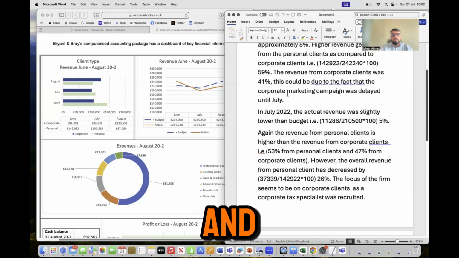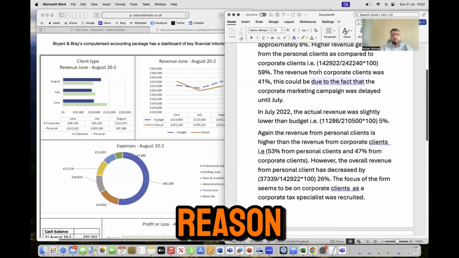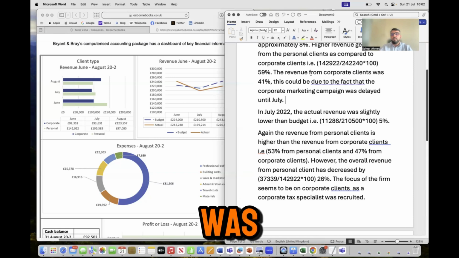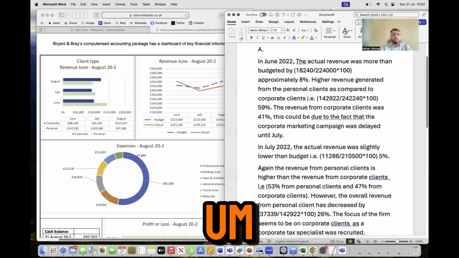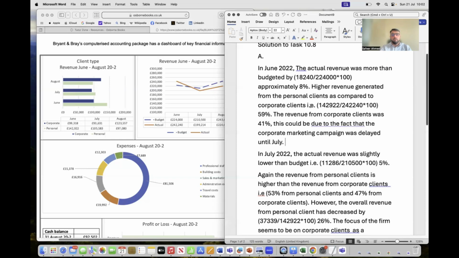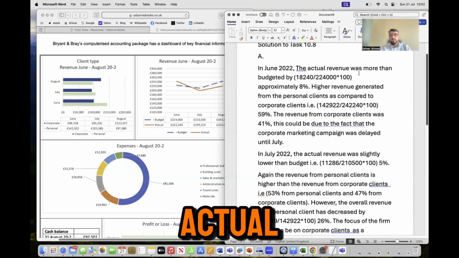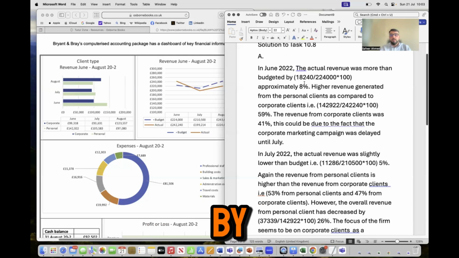Okay, and also another reason that the actual revenue in the month of June was higher, in this case, is the overall higher revenue generated from the personal clients. The actual revenue was more than budgeted by this much.